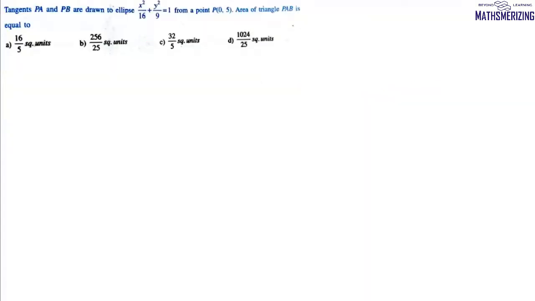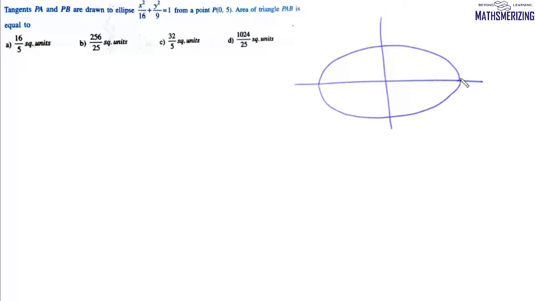Now here the question is, tangents PA and PB are drawn to this ellipse x square upon 16 plus y square upon 9 is equal to 1. Now these points are 4, 0, minus 4, 0, 0, 3 and 0, minus 3.